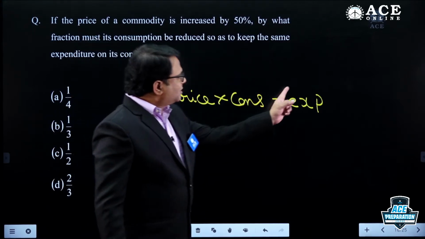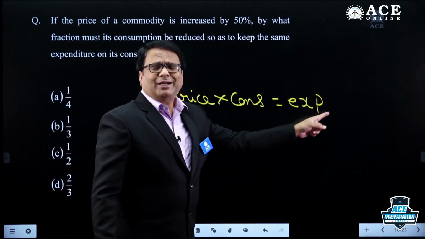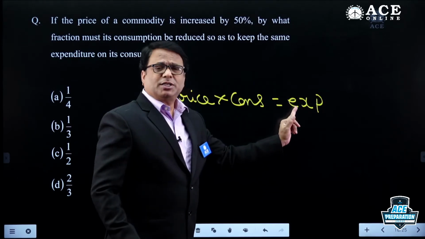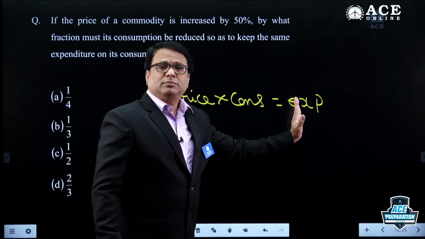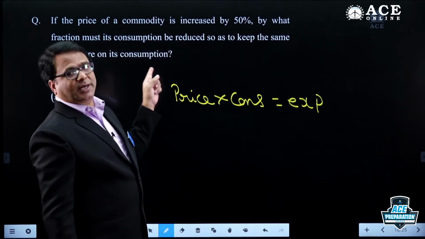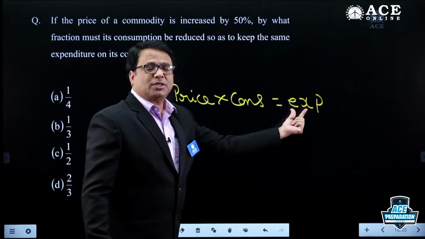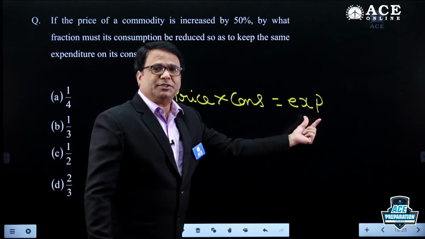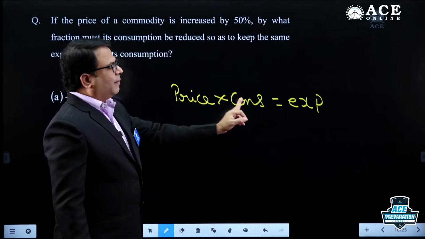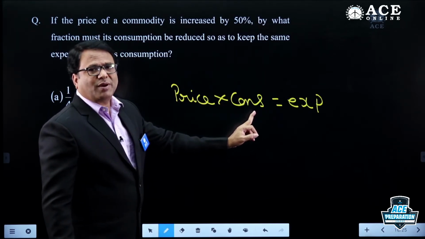Now, I want this expenditure to be the same. I don't want this expenditure to change. That is what is given: so as to keep the same expenditure. Then price is increased by 50%. Then consumption should be decreased by what percent?